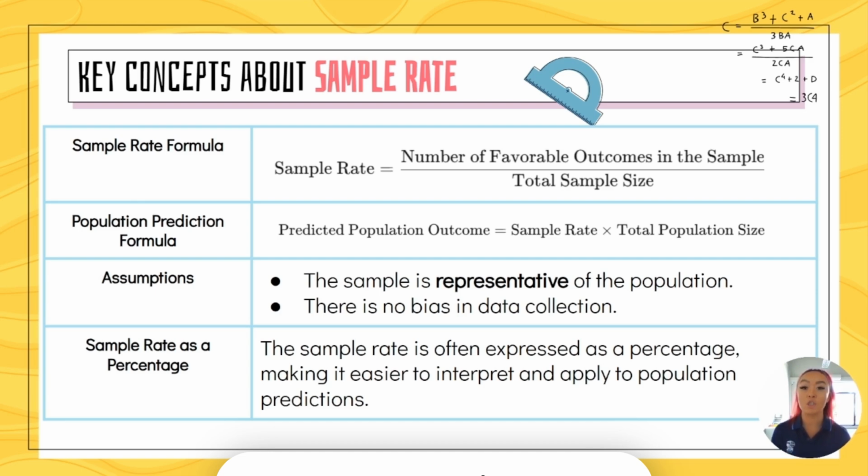So usually in questions, you'll need to use both formulas, first the sample rate formula and then the population prediction formula. Some assumptions are that the sample is representative of the population and that there's no bias in the data collection. And sample rate is a percentage. The sample rate is often expressed as a percentage, making it easier to make predictions about a population.